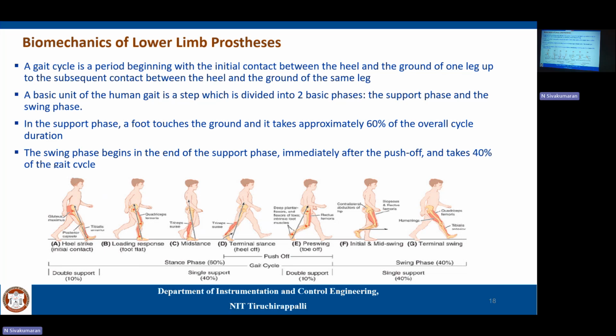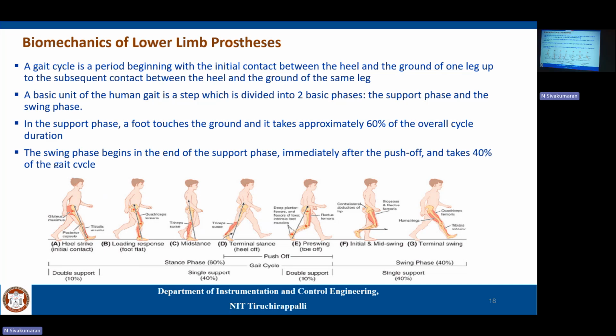If you closely see the activity, it starts with heel strike here, then we give the entire force on this limb, and slowly it propels forward. Again, now the full load will be on this leg, and again it propels a little forward.